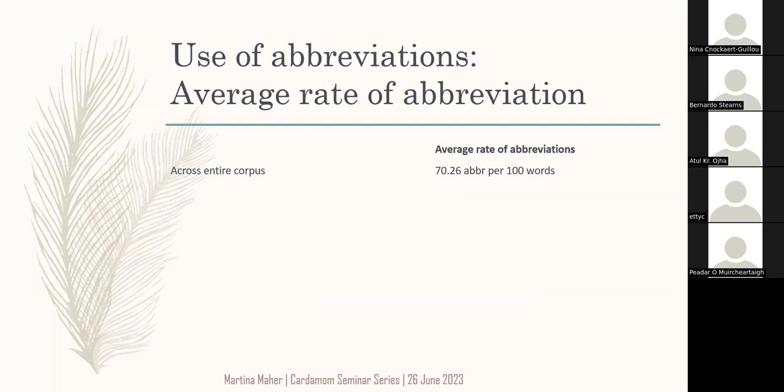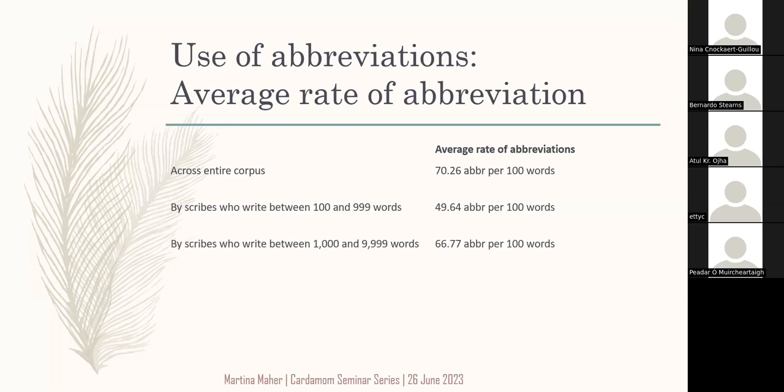Not all scribes abbreviate to the same amount, and I just thought I would look quickly at how often scribes abbreviate. Across the entire corpus, it's just about 70 per 100 words. But something that is very logical is that the shorter the text, the fewer abbreviations there tend to be.